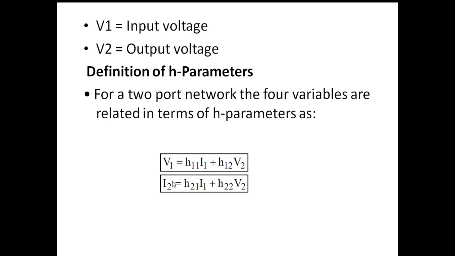Similarly, I2 depends on the variables I1 and V2, and for I1 and V2, H21 and H22 are the weights. Now we can say V1 and I2 are dependent variables, whereas I1 and V2 are independent variables, because I1 and V2 do not depend on any other variables.